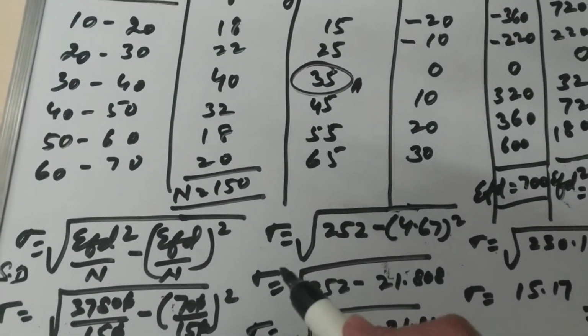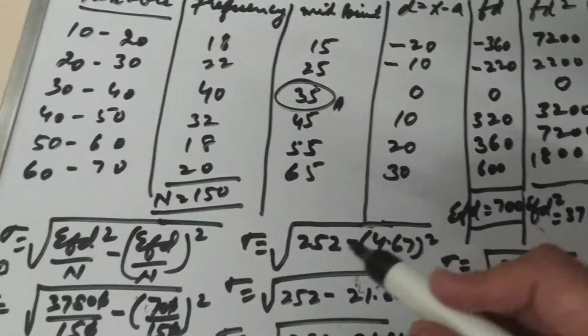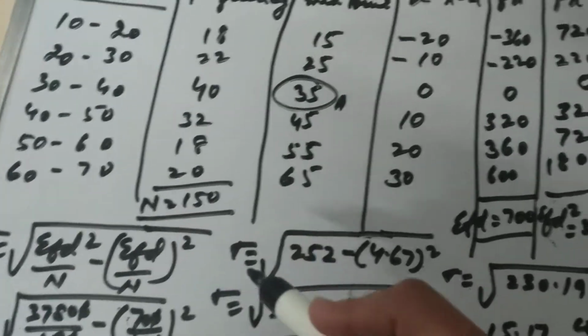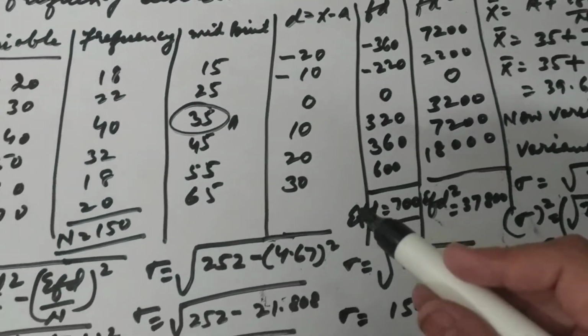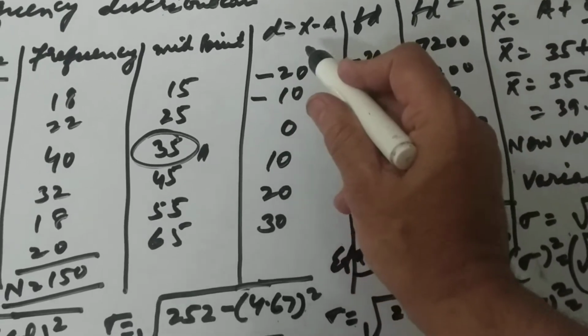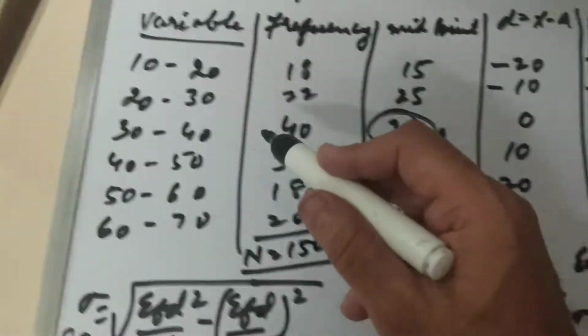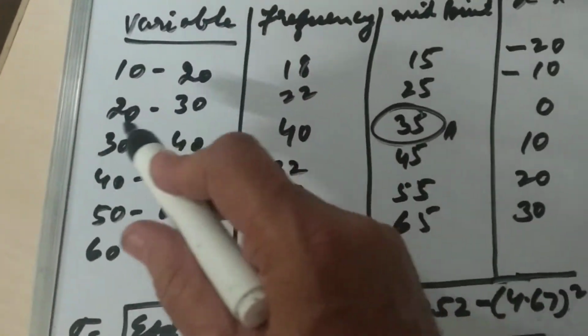So let us move forward now. You need to have sigma of FD square, you need to have sigma of FD, and all this. In order to find this, you need to know what D is, right? So D is what? X minus A. For that you need X, because here you've got the whole series with you, a continuous series.